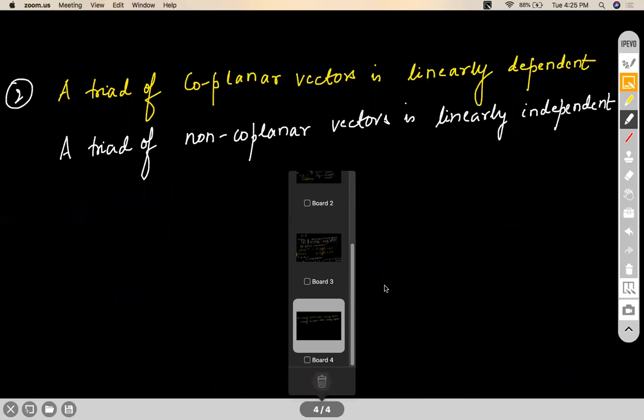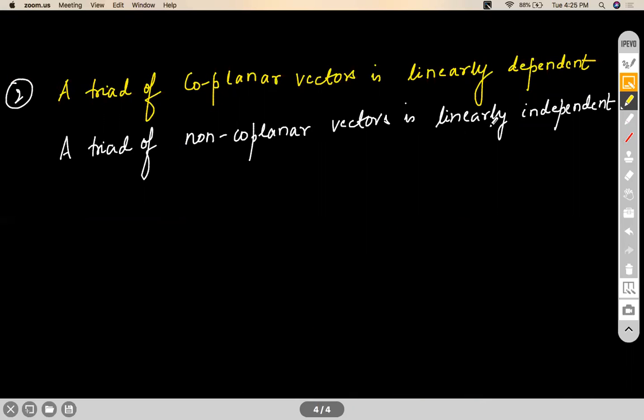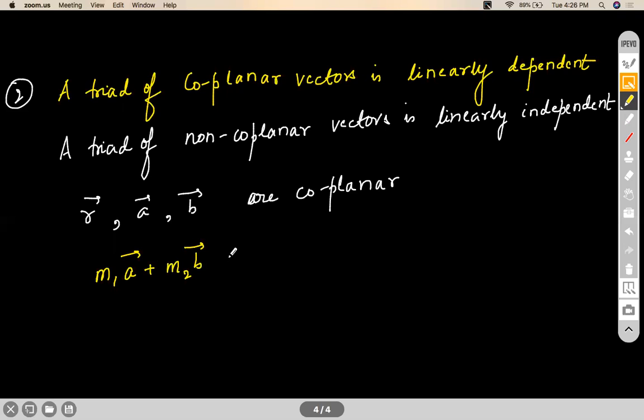So here basically what I'm trying to say is that if you have three vectors on the same plane, let's say there's a vector R, a vector A, a vector B, which are in the same plane or coplanar, then you can express a linear combination of A and B as your R. In other words, if you try M1 A plus M2 B plus M3 R equal to 0, then not all of M1, M2, M3 will be 0.